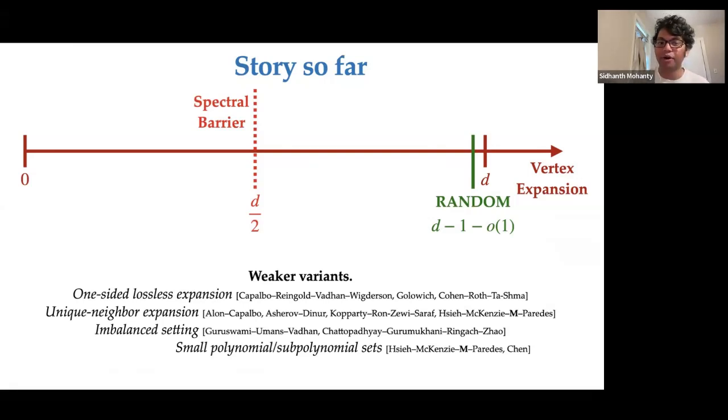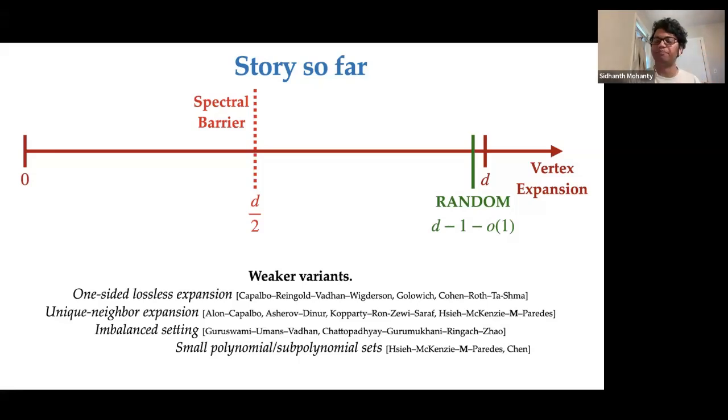Most notably, I want to point out these works of Capalbo, Rangel, Vidhan, Vickerson, followed by simplifications of Golovich and Cohen-Roth Tashma, which constructed graphs that are one-sided lossless expanders. That is, they construct these bipartite graphs where sets on the left have lossless expansion to sets on the right. But if you ask for a subset of vertices on the right, there's no kinds of guarantees.